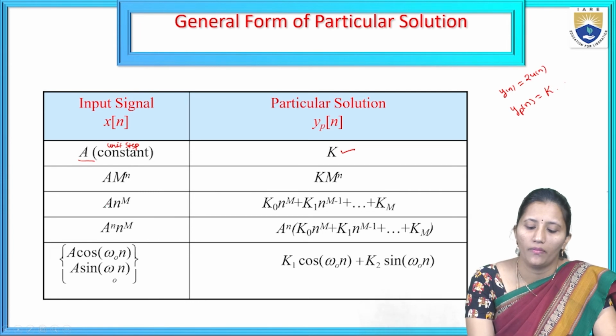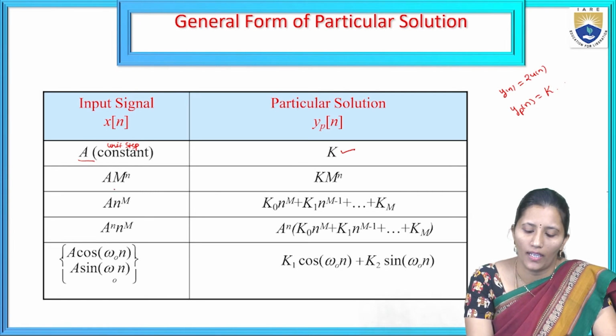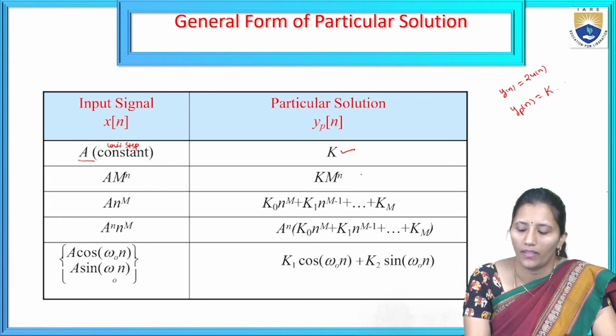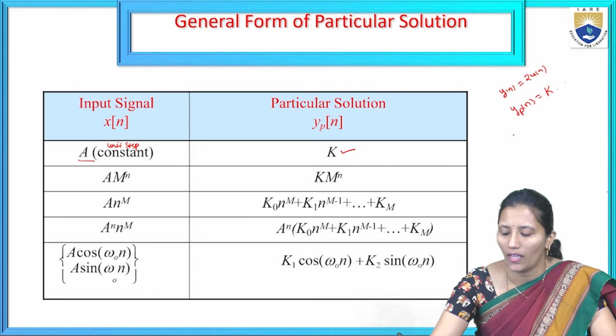Okay, if we have the input signal in the form of a into m power n, the particular solution is k into m power n. So here, suppose I have 2 power n into u of n. My input x of n is equal to 2 power n into u of n. Here, we can write this as 1 into 2 power n, so a is 1 and m power n is 2 power n.